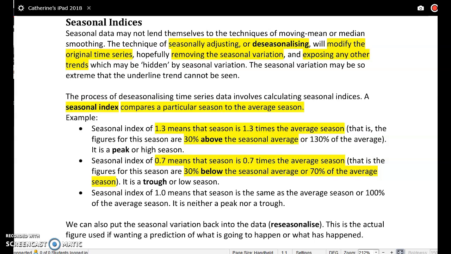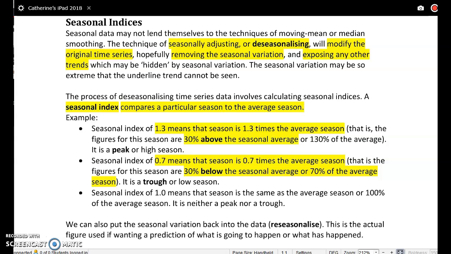Are the sales of that shop going up? Are they going down, or are they staying the same? We want to see what is happening without that seasonality. And that process is called either seasonal adjusting or deseasonalising. This is what will modify that time series, so remove that seasonal variation.